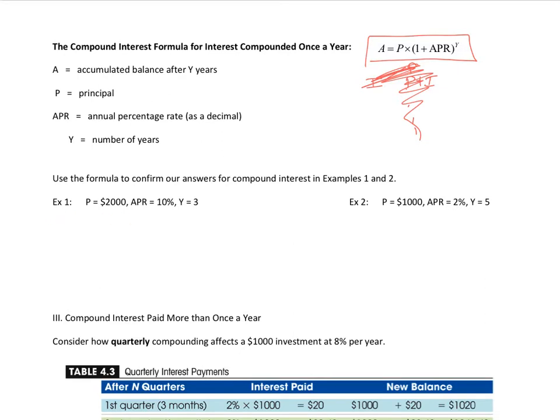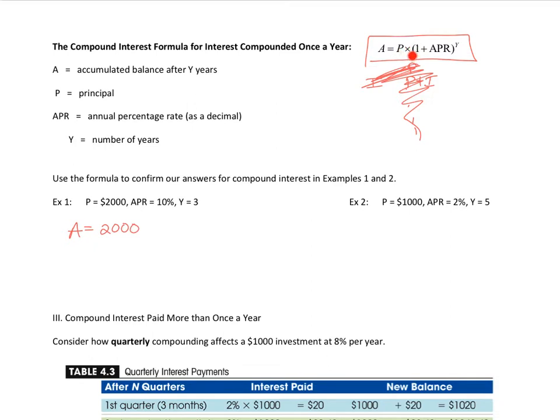So example 1, using the compound interest formula for interest compounded once a year. Here we go. I can just substitute in some numbers. A, the ending amount, is 2,000. So that's what is here.